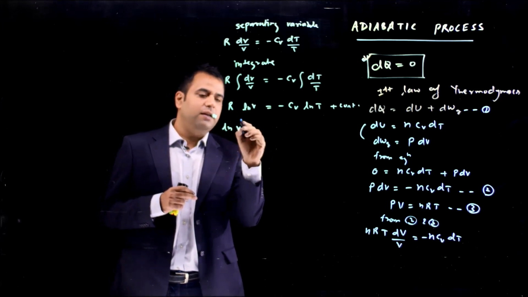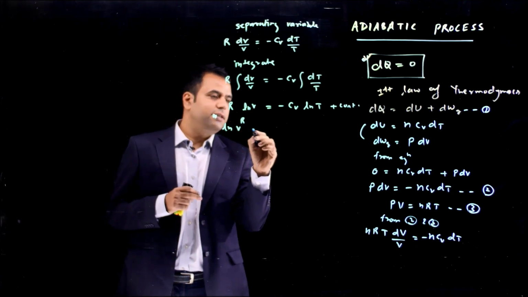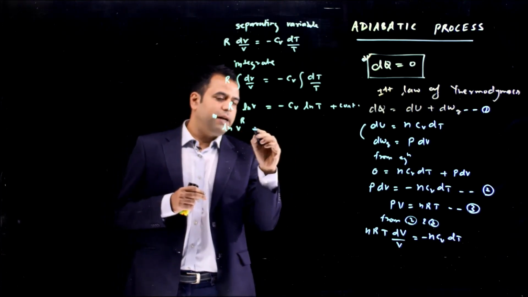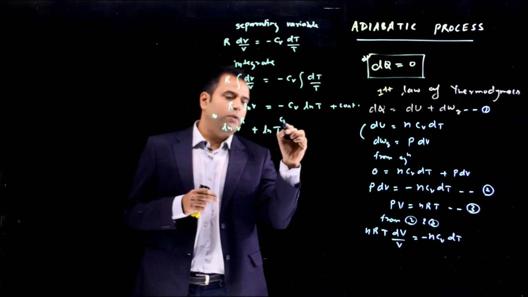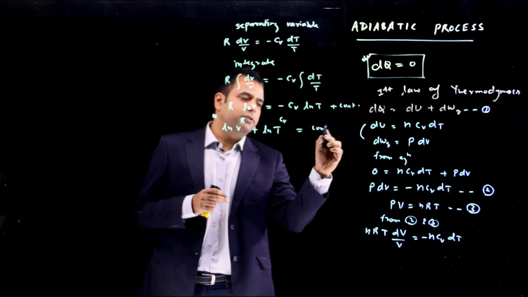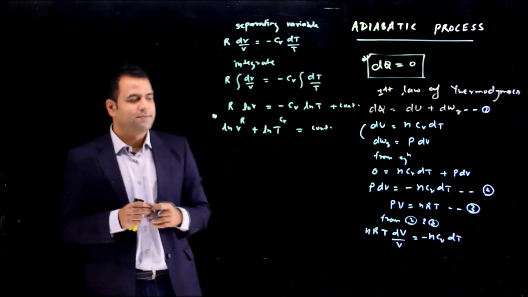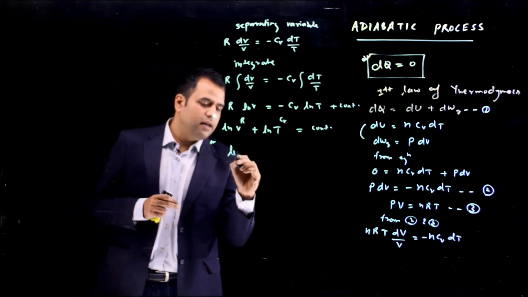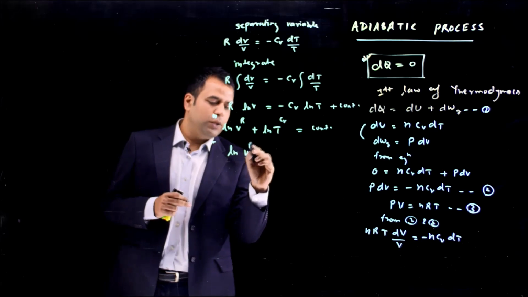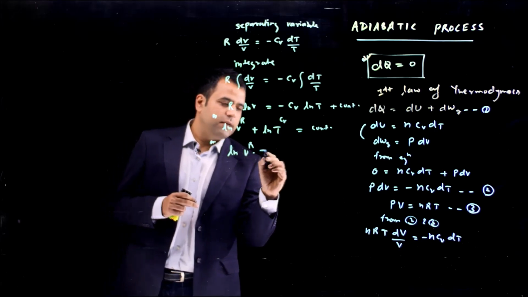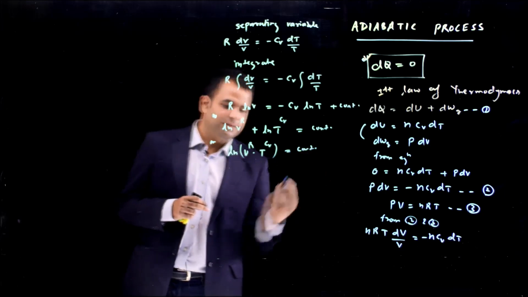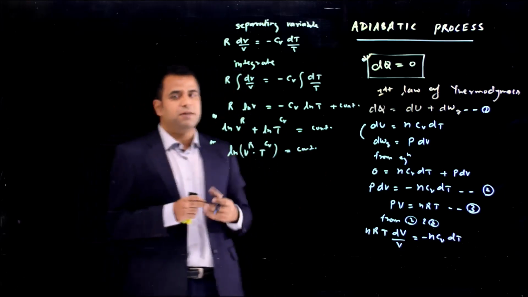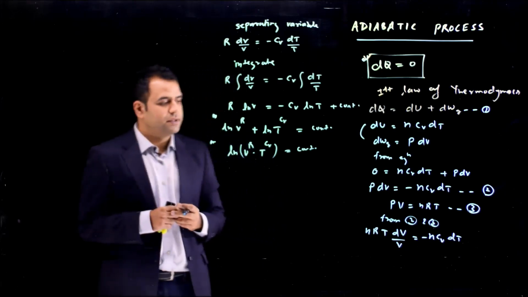So it will be ln v to the power r. Here also minus will become plus if I take it on this side, ln t to the power cv, and that is equal to constant. Or we can say ln of v to the power r multiplied with t to the power cv is equal to constant. We have applied ln a plus ln b.